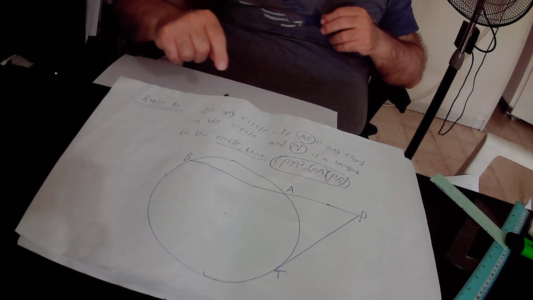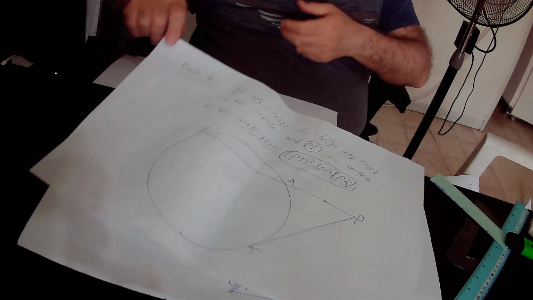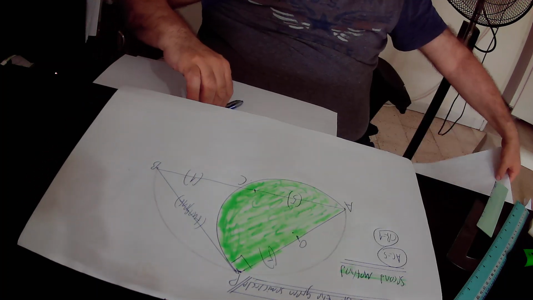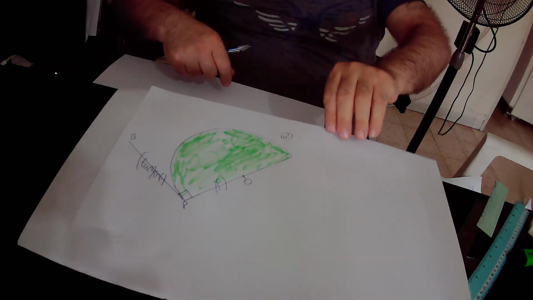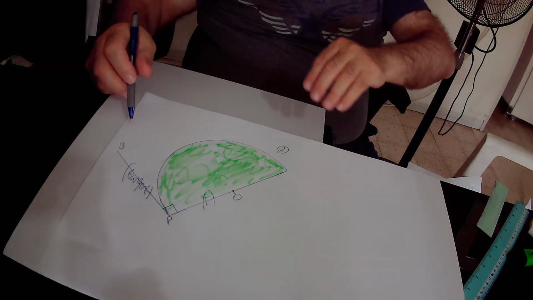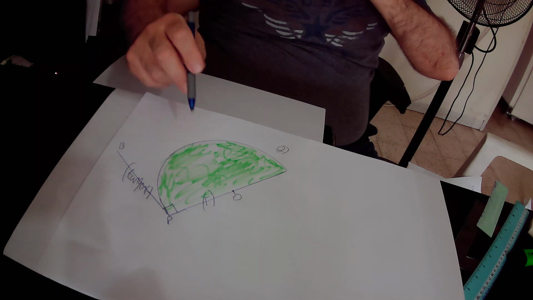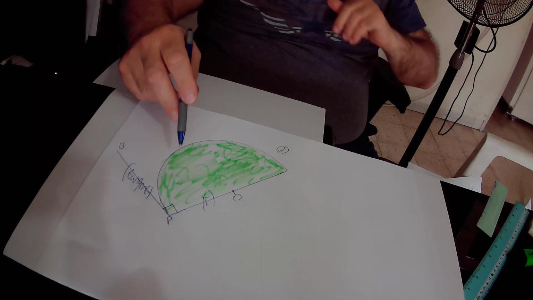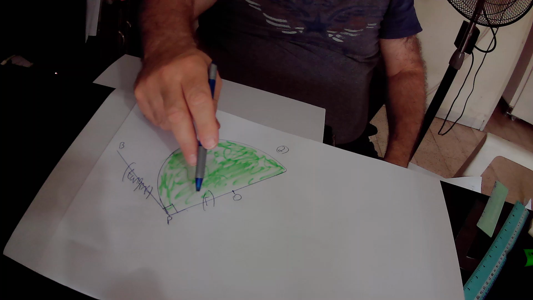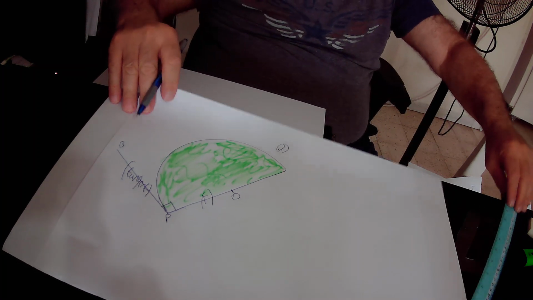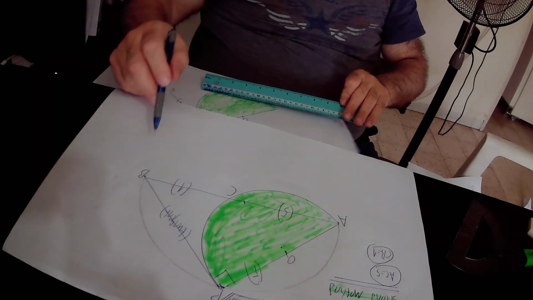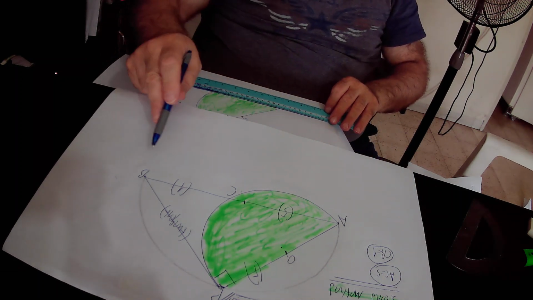So we can actually implement rule 10 in our drawing, because in our drawing we have tangent BP, that is tangent to this semicircle at point P, and from point B I'll copy the straight line BA in the new drawing.